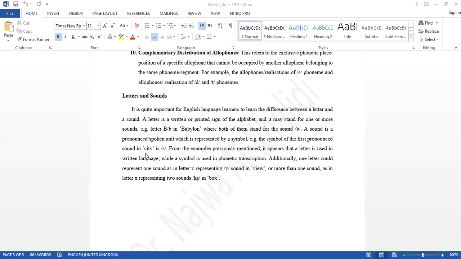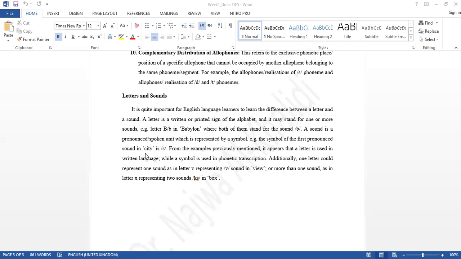Physical. The letters PH at the beginning of this word, we have two letters, but they are pronounced as one sound, also the F sound. In physical, physics, philosophy, Philip, okay? And sometimes one letter represents two sounds, like the letter X in box.